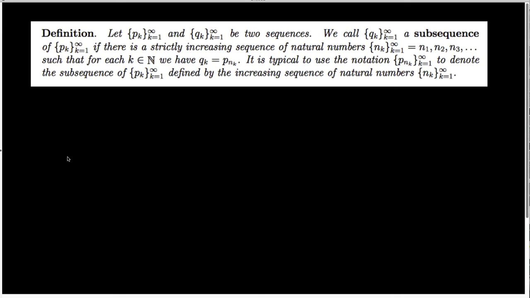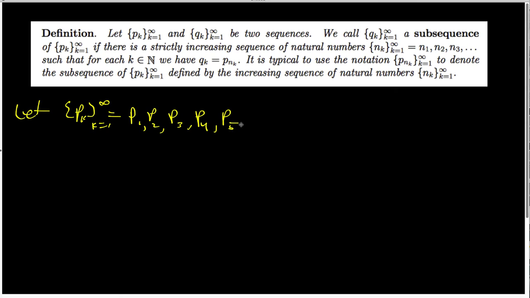What I want to do is pick this apart, understanding what this fairly dense notation means. So let's again look at some ideas. Let my pk sequence be p1, p2, p3, p4, p5, and so on.